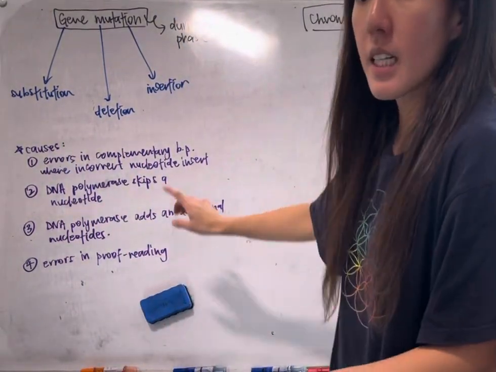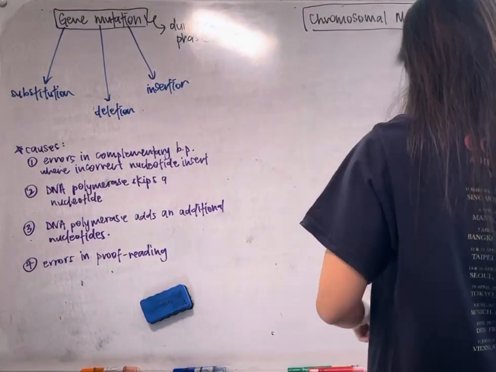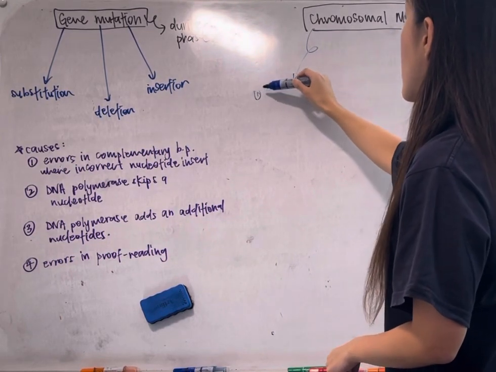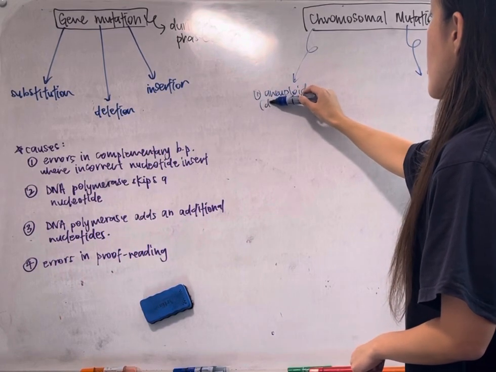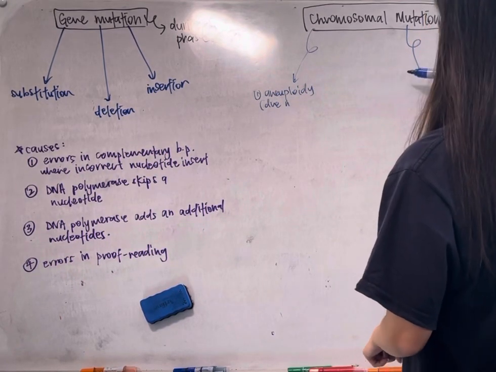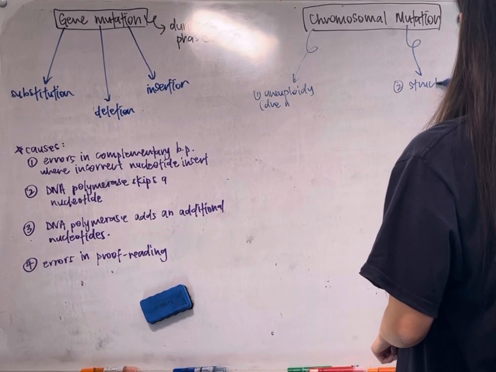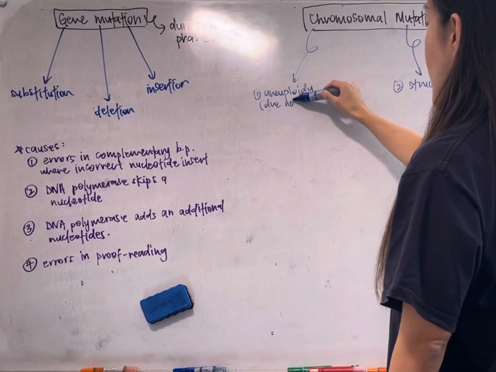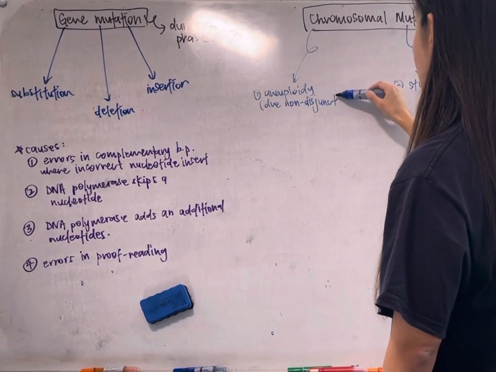Understand? Next one, I want to talk about two types of chromosomal mutation and their causes. The two types of chromosomal mutation are, number one, aneuploidy, which is always related to a certain phrase. What is the phrase, Ashley?